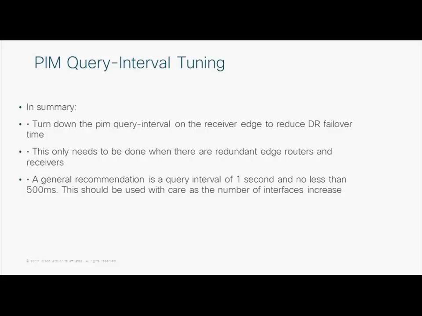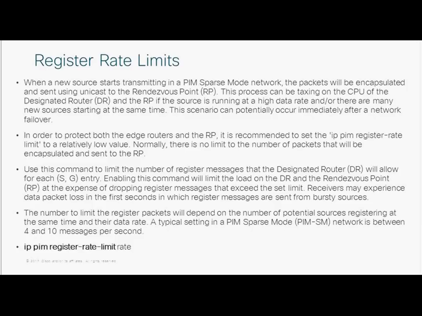Also, remember, every time that we change a hello interval, this will affect the CPU. Also, we can change the register rate limits. That's because when we have several sources sending traffic at the same time, the RP will receive all the register packets at the same time, and then it could be overwhelmed.